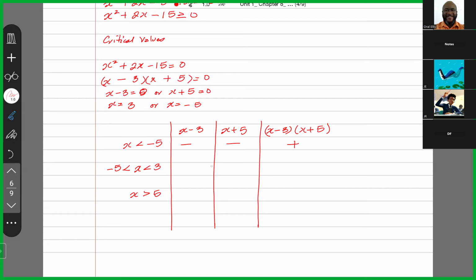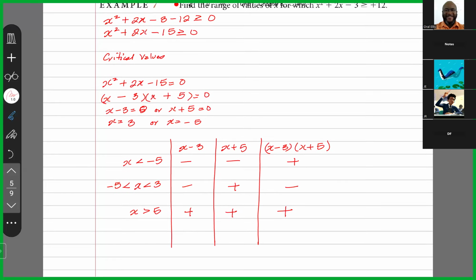If x is less than 3 but greater than minus 5, for example if x is 0, x minus 3 would be negative and x plus 5 would be positive, and negative times a positive is a negative. If x is greater than 3, for example if x is 6, x minus 3 would be positive and x plus 5 would also be positive, and the product would also be positive.